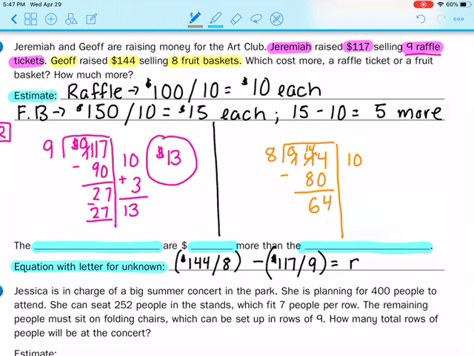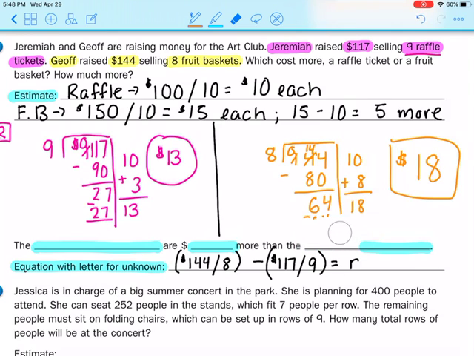And I know that 64 divided by 8 is going to have no remainder because 64 is a multiple of 8. So 8 times 8 is 64. No remainder, and I'm left with 18. So now I know that each fruit basket costs $18.